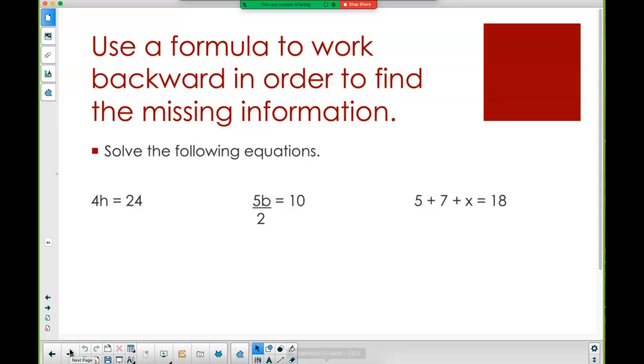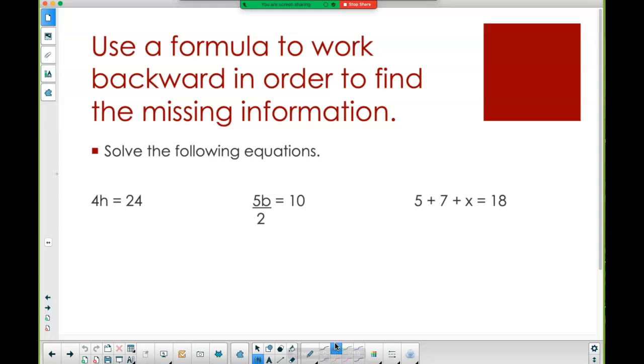So here are some equations. These are just equations. We have solved the equations already this year. You may have forgotten. It may have been a while, but we've done this. So let's talk about these equations, and let's start with this one here.